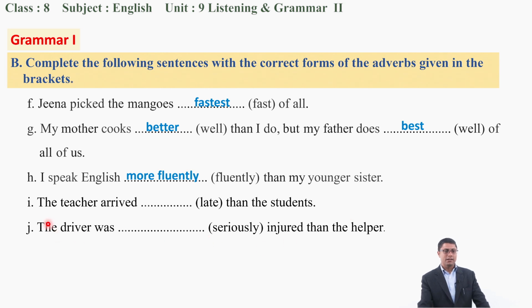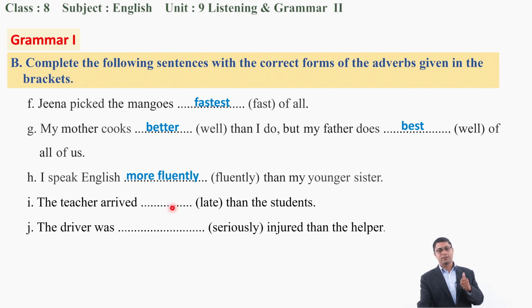That's good. Now look at I. Look at the sentence. The teacher arrived late in the brackets than the students. So what's the adverb in the brackets? Late. And can you tell me which form of late you are going to use here? Comparative or superlative?